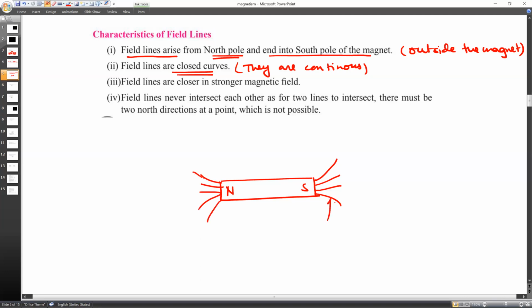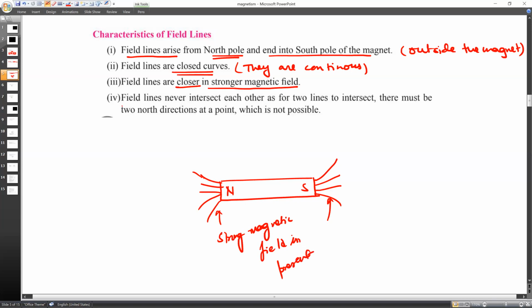Strong magnetic fields are present at the poles. What does it mean that field lines are closer in stronger fields? Where they are closer, the strong magnetic field is present.